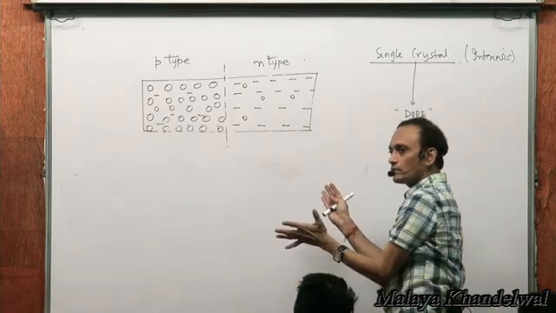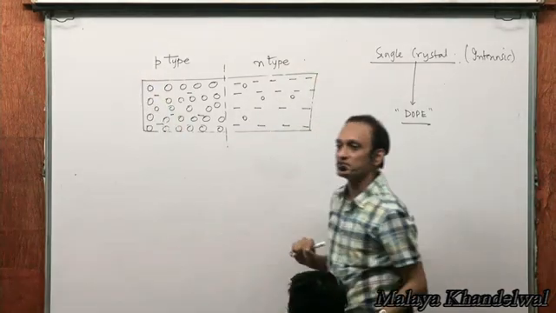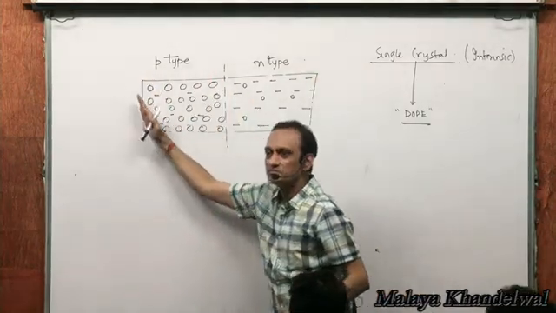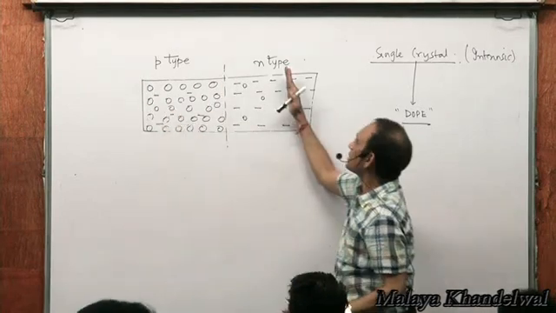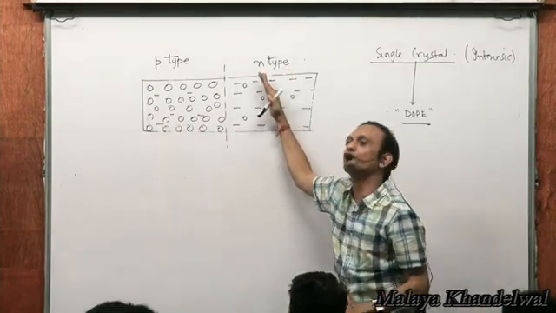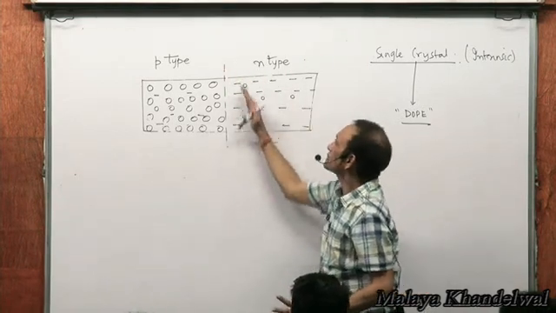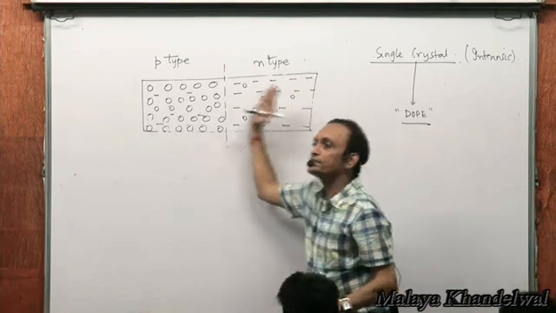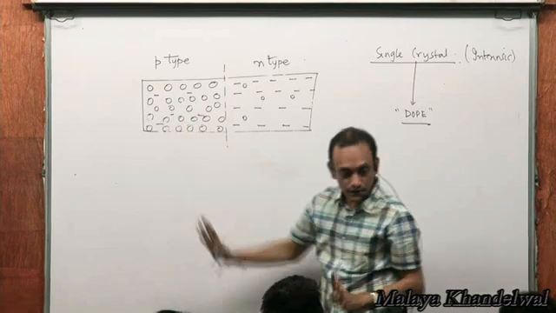Imagine that these are two gas chambers. This is one gas chamber containing a large number of holes. This is another gas chamber containing fewer holes. This gas chamber contains a large number of electrons, and this gas chamber contains fewer electrons, right?